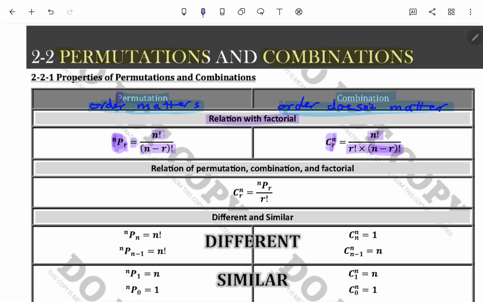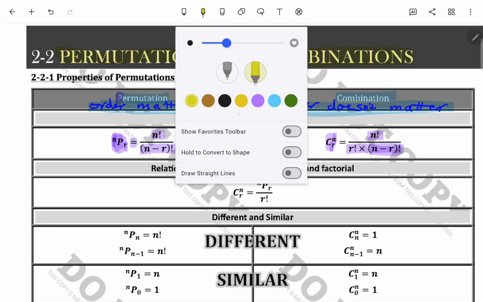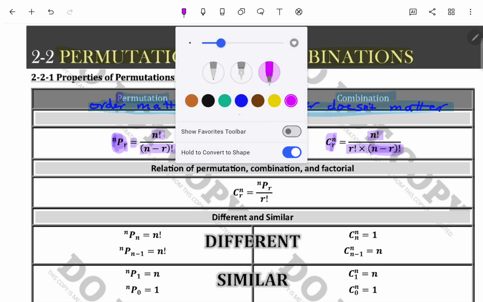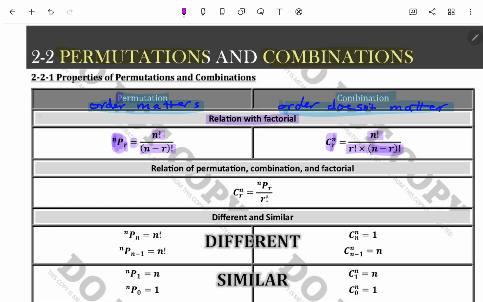We can see that we can write them in different ways, like, for example, these ways. Permutation also can be written as nPr, like this, or n permutation r, or P with a bracket including n and r.